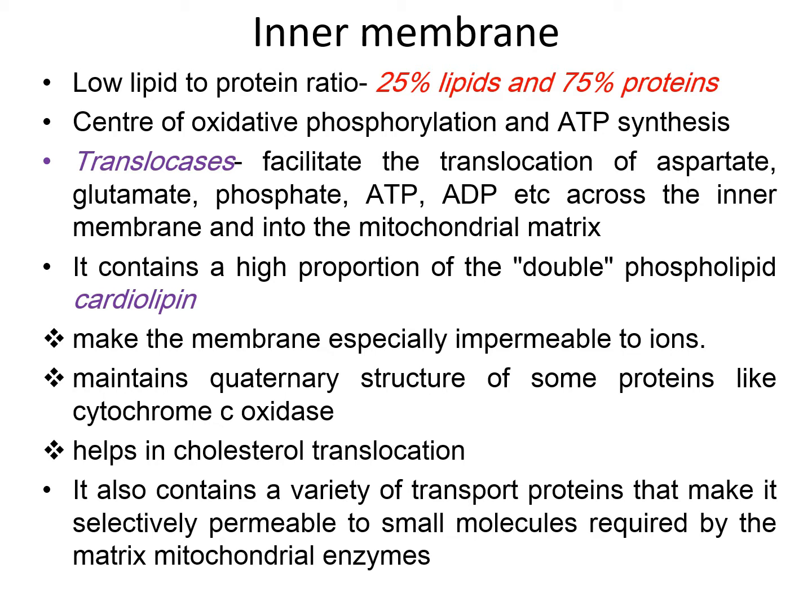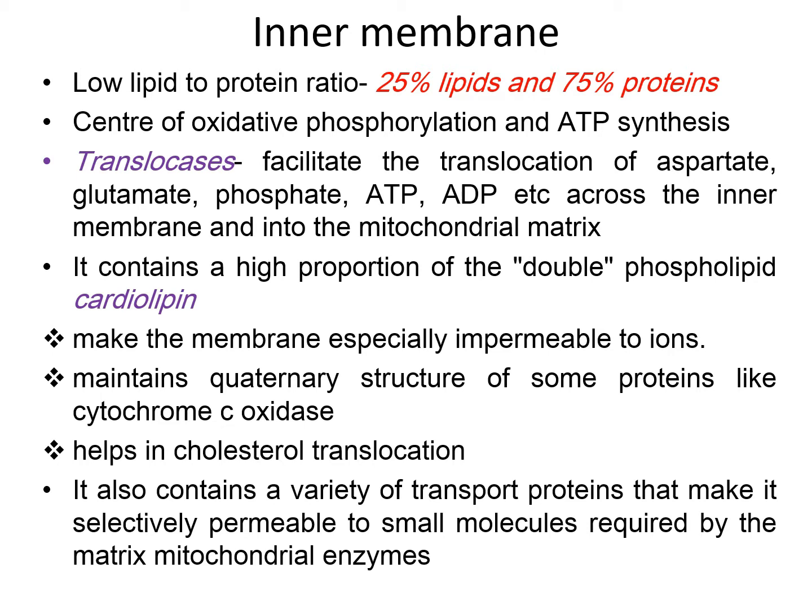Another characteristic of the inner membrane is the presence of a double phospholipid which is called cardiolipin. This is also there in the outer membrane, but its concentration is high in the inner membrane. So, cardiolipin is characteristic of the inner membrane of mitochondria, though it is found in low amounts in the outer membrane also. And what is the function of cardiolipin?